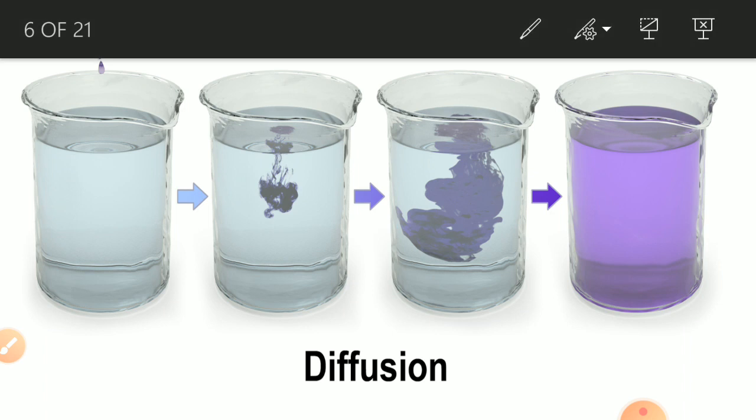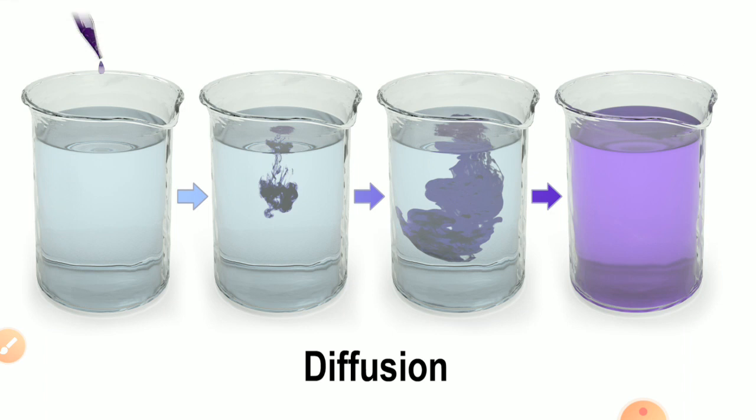Now, this is what we are going to discuss: how molecules move in and out. Basically we have two main processes for facilitating that movement of molecules. The very first is diffusion and the second one is osmosis. Now first we'll start with diffusion.